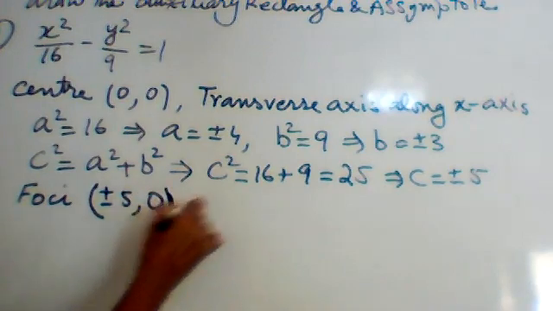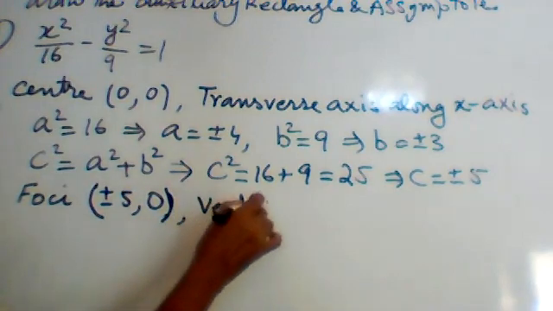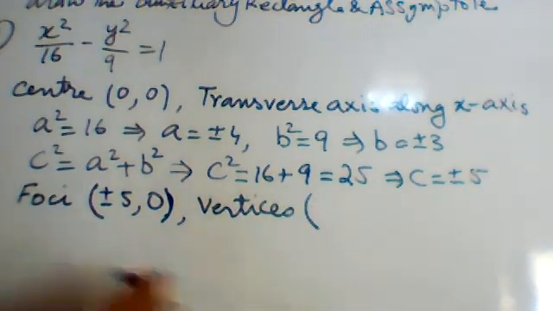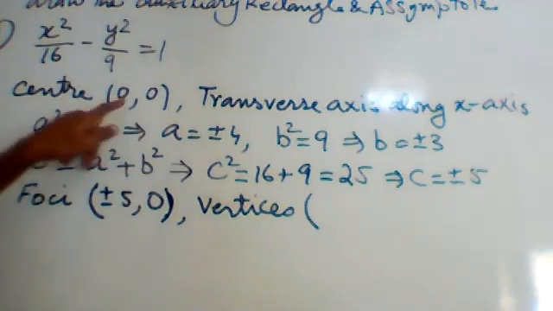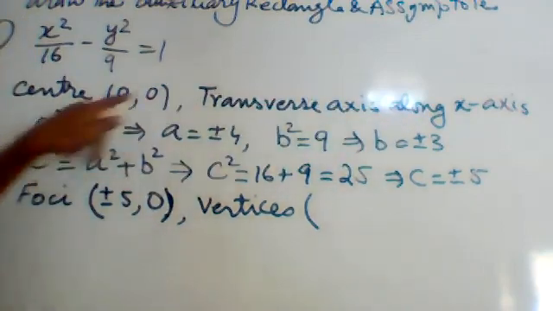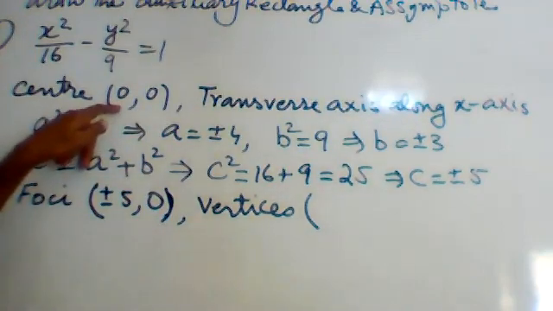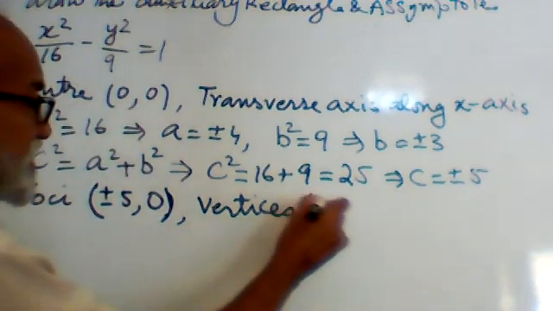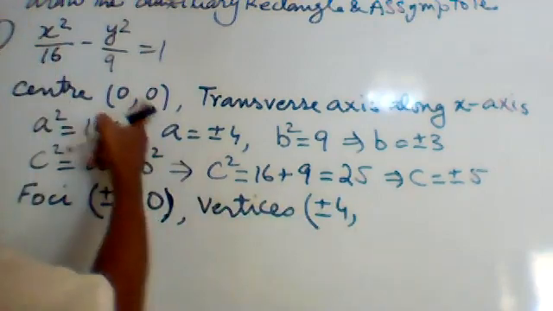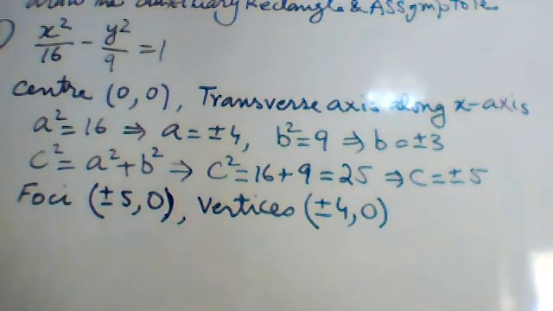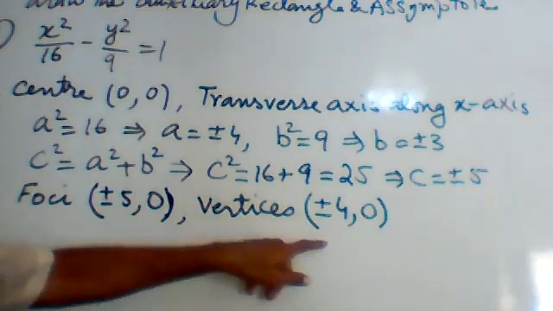In the same way, vertices: a will be added in the x coordinate of the center. So plus minus 4 will be added to 0, it will become plus minus 4, comma y coordinate remains as it is. These are the foci, vertices and center.